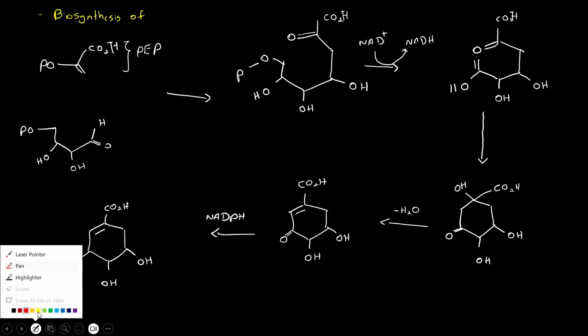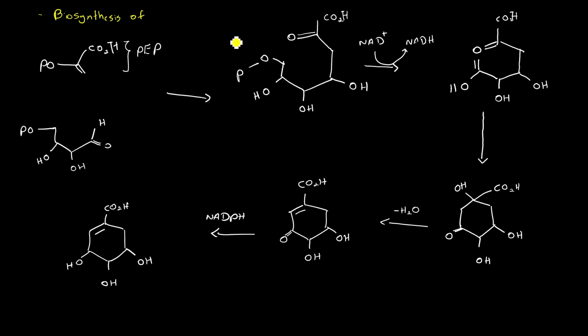So let me write on this. I have just drawn the structures because it takes a lot of time to draw using this pen and in Microsoft. So, biosynthesis of shikimic acid, right? Okay, so we are starting with two compounds, one commonly known as PEP, and the other one has a little bit of a complex name.